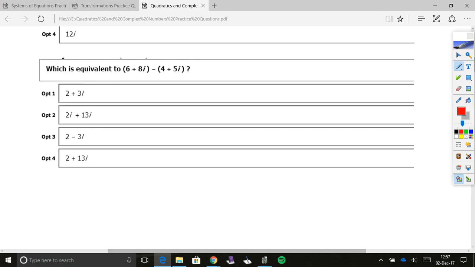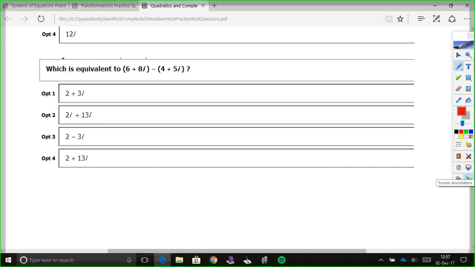Now, when you're subtracting, it's a little bit different. There are two ways you can go about it. The one thing I said to do was distribute your negative so that you would know you're subtracting everything always. So if you distribute the negative, you have negative 4 and then negative 5i.